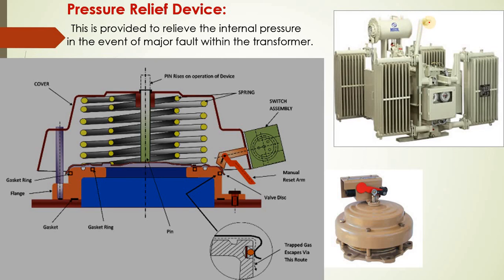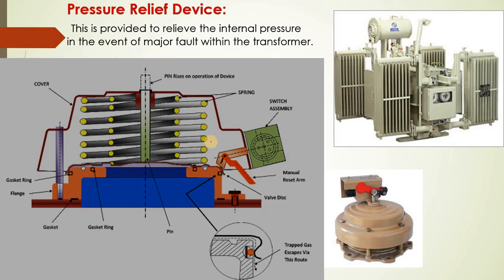The next part is the pressure relief device. The pressure relief device is placed on this explosion vent. It has a pin-stripe structure, so when air flows through, this will open. Once it opens, the flow of oil is avoided.